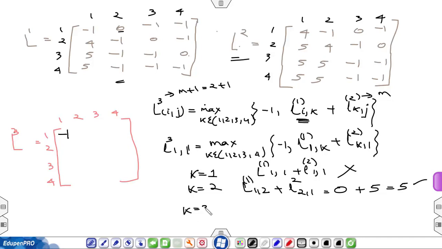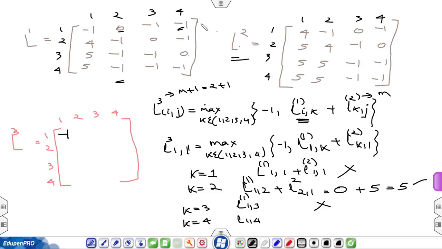For k equal to 3, L of 1 comma 3, you can see that it is negative, so obviously this will be invalid. K equal to 4, it will be L of 1 comma 4.